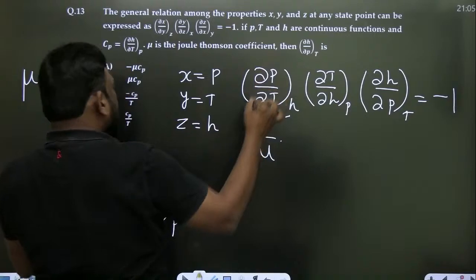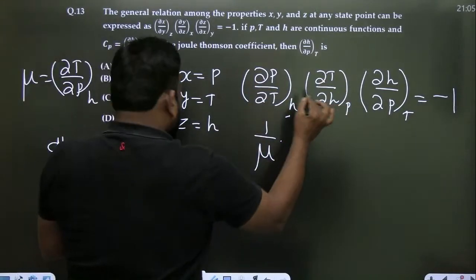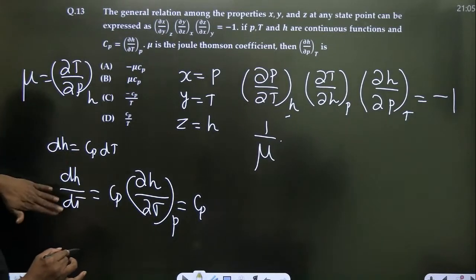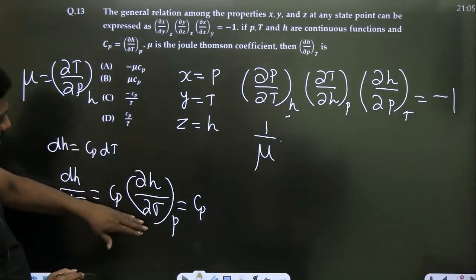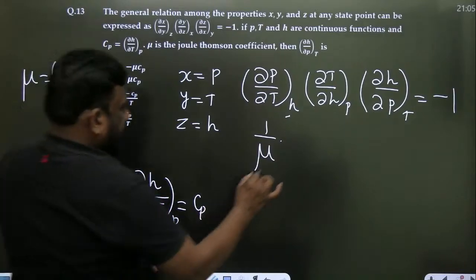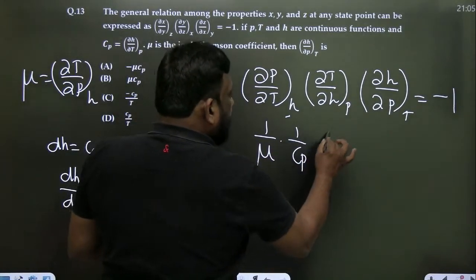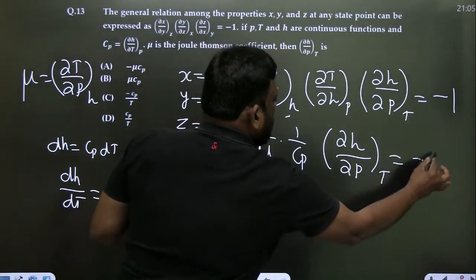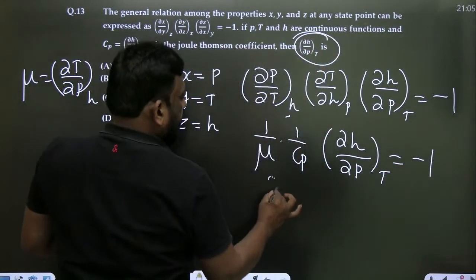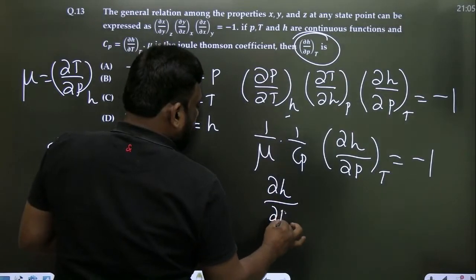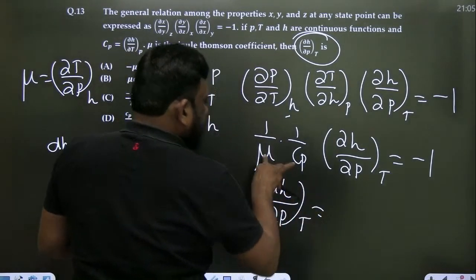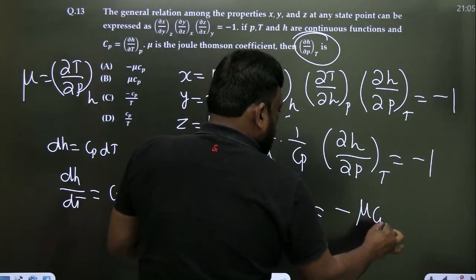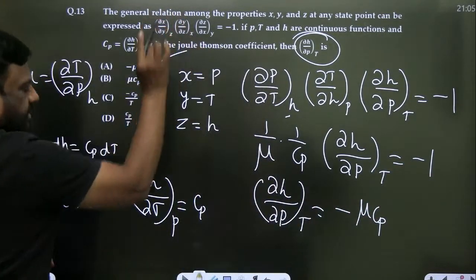Yes. And dou T by dou H is 1 by Cp, and that is into dou H by dou P at constant temperature is -1. He is asking what is dou H by dou P at constant temperature. These two go to the other side, there is a minus here, and mu Cp goes across, so it is minus mu Cp. Option A is correct.